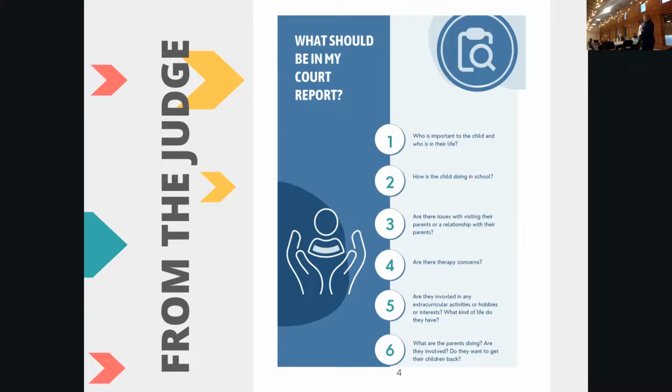Are there therapy concerns? If you know the child has a lot of trauma and is having behaviors, they would really benefit from just talking it out. A lot of times our kids are an afterthought, because if you've been on a case from the beginning, you can see all the work is on getting the assessments for the parents, getting the parents' drug screens, making sure their referrals are put in, and the children are in placement.